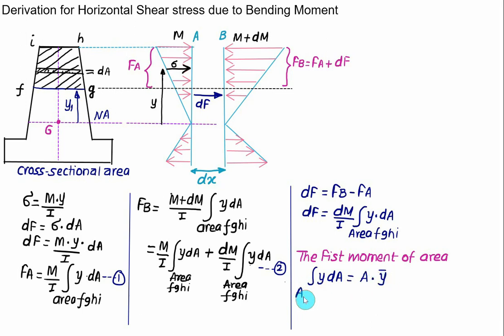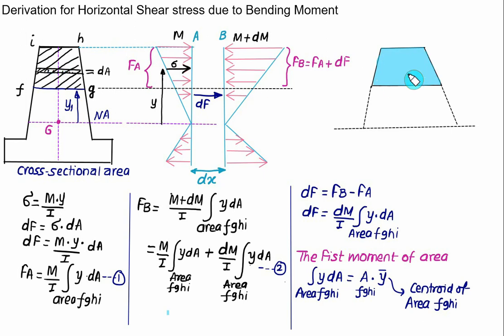Integration is done over the area FGHI, so this area is the area FGHI, and y bar represents the centroid of area FGHI.